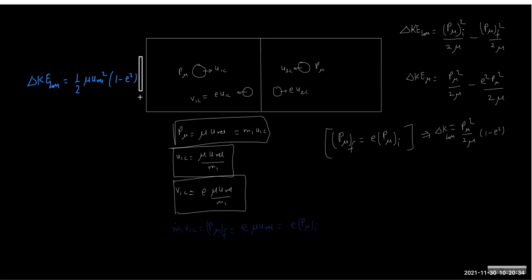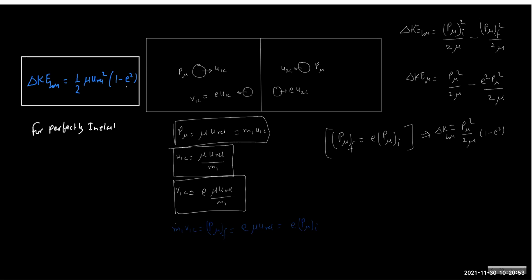If you know the coefficient of restitution, you can directly tell me the loss which could have occurred in the CM frame. So now you need not solve from the very basic, from scratch. Let's say for a perfectly inelastic collision, where E is 0, all of the energy in the CM frame available gets lost.